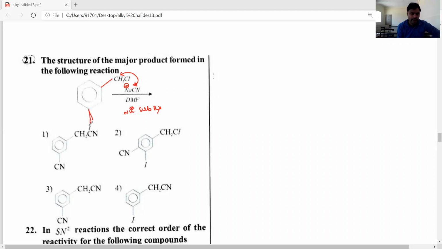Here the benzene ring also has iodine attached, but halogens attached directly to the benzene ring are less reactive in nucleophilic substitution reactions. Okay, the final product is iodine on the ring, and here CH2CN will come. So the fourth option is correct. Okay, let's go for the next.